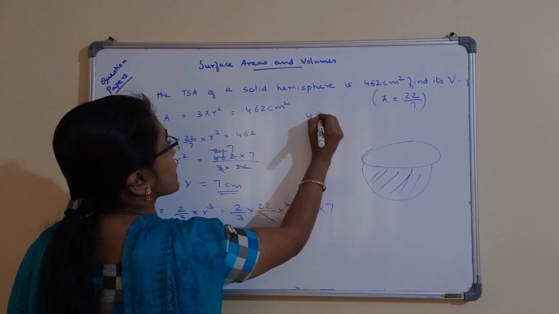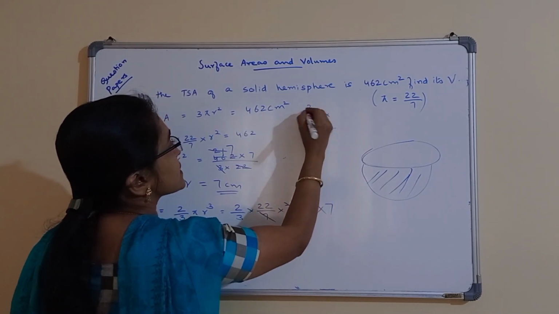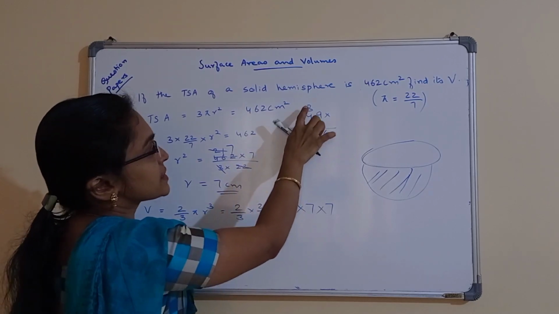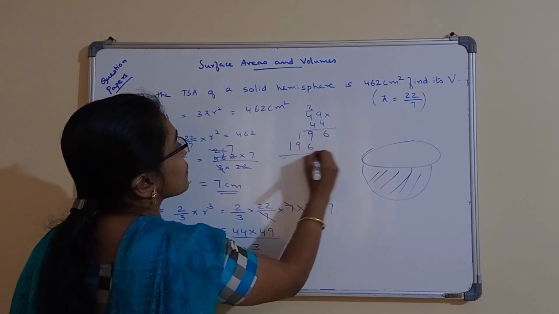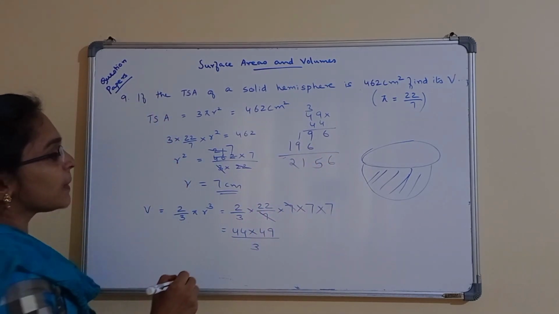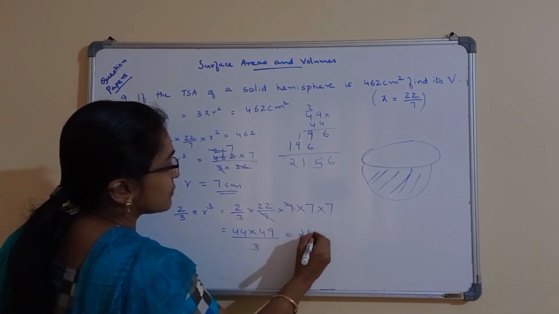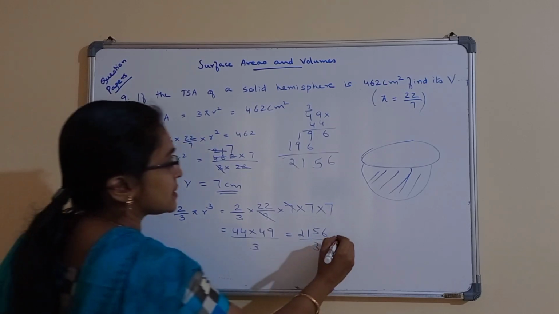We can multiply and see what it is. 49 into 44. 4 9s are 36. Then 4 4s are 16. 16 plus 3, 19. Again 196. So we will get 2156 by 3. 21 by 3 is 7.